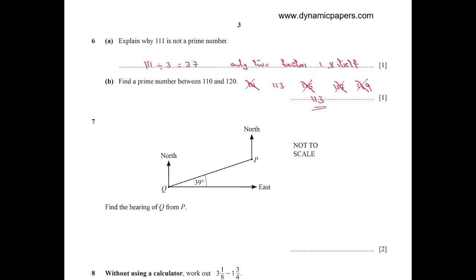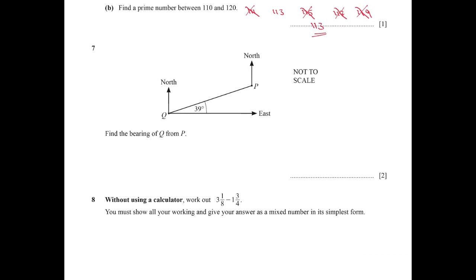Question 7. Find the bearing of Q from P. After the word from, the letter P. So we have to move from north clockwise till we find the line joining the 2 points, Q and P. This is the wanted angle that we need to find. To find this angle, we have to draw this line here.